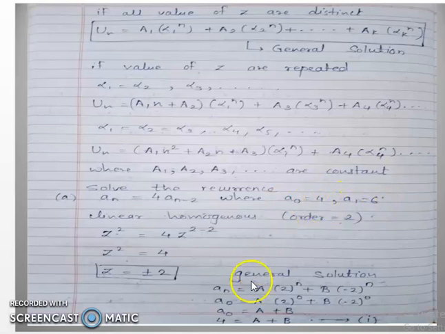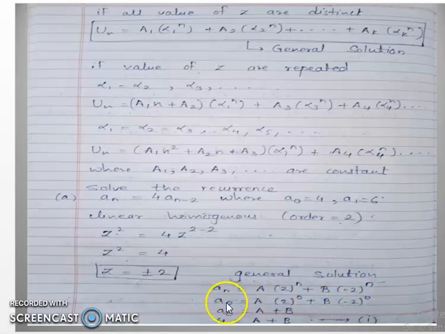Therefore, we put the value of n as 0. Then we get a0 is equal to a into 2 raised to power 0, plus b into minus 2 raised to power 0.